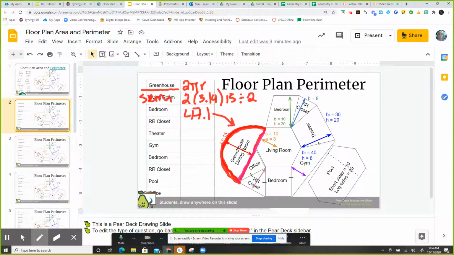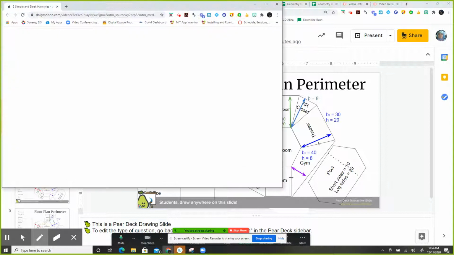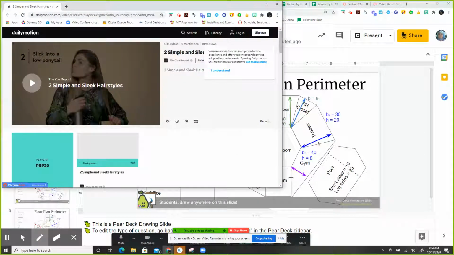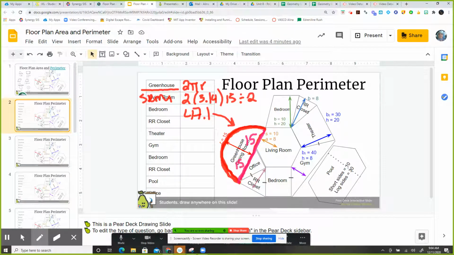Is that a radius or a diameter? It is. So if the radius is 15, what's the diameter? 30. So this is 15 and this is 15. So I've got to add 30 here. So that's 77.1 for my greenhouse.